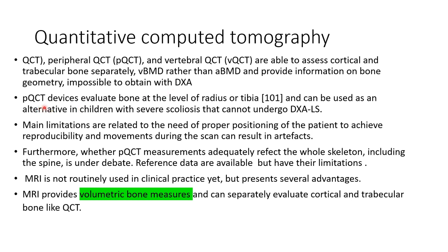Peripheral QCT devices evaluate the bone at the level of the radius or tibia and can be used as an alternative in children with severe scoliosis that cannot undergo DEXA of the lumbar spine. Main limitations are related to the need for proper positioning of the patient to achieve reproducibility, and movement during the scan can result in artifacts. Furthermore, whether peripheral QCT measurements adequately reflect the whole skeleton, including the spine, is under debate. Reference data are available but have their limitations.